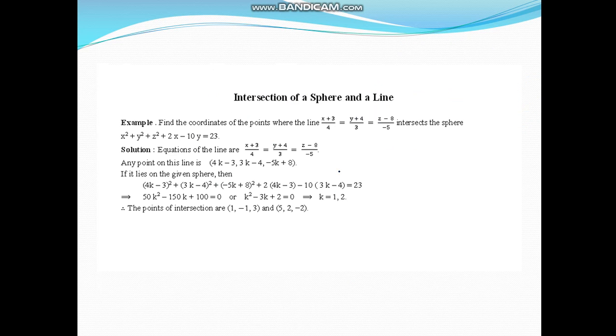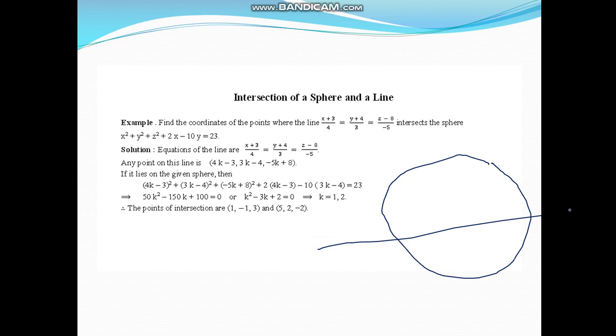Now we see the next topic, intersection of a sphere and a line. Suppose we consider a sphere and a line, so definitely this line will cut the sphere in 2 points. So we have to find the coordinates of these 2 points, and we will see this topic with an interesting example.